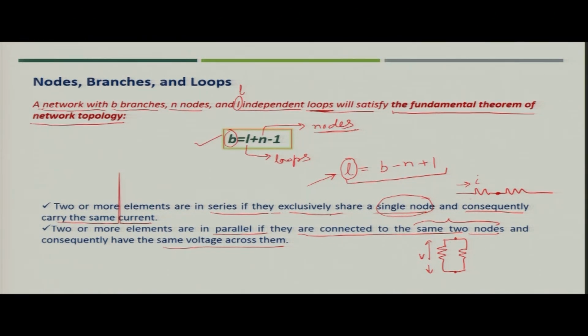So, this will give you an idea that with a node configuration like this, the current will be the same if they are connected in this fashion and the voltage will be the same if they are connected in this fashion. So, with this we close today's session.